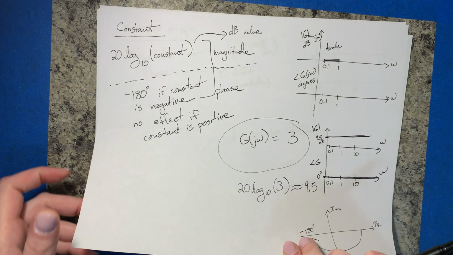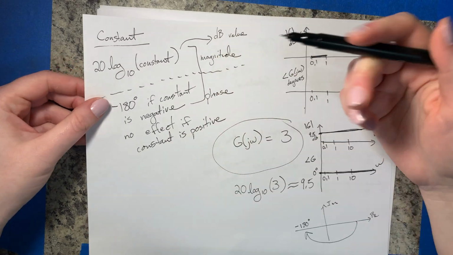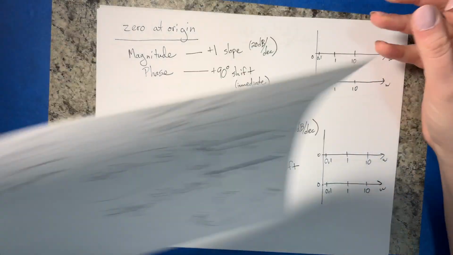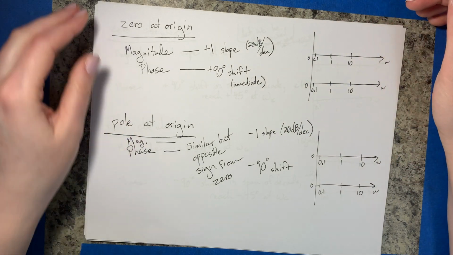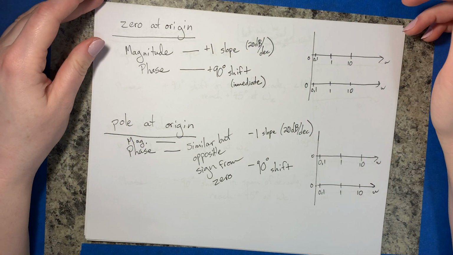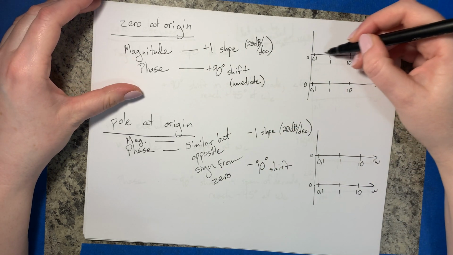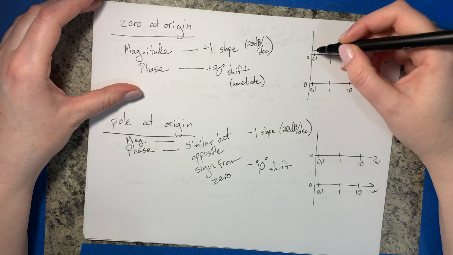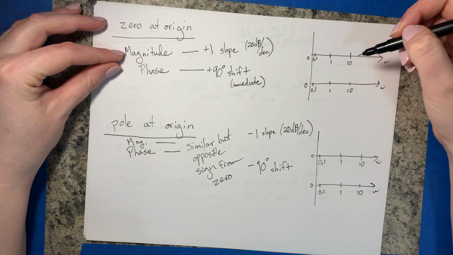Okay, so let's talk about zeros and poles that happen at the origin, because those behave a little bit differently. Say we have a zero at the origin. In the magnitude plot, remember how we have these decades? Well, they don't really matter for the magnitude plot in this case.